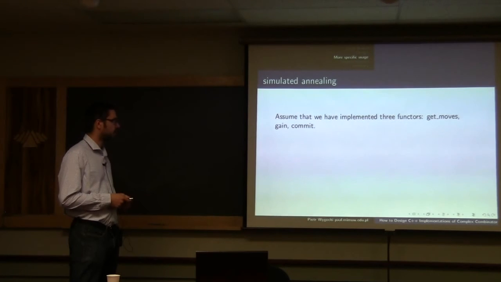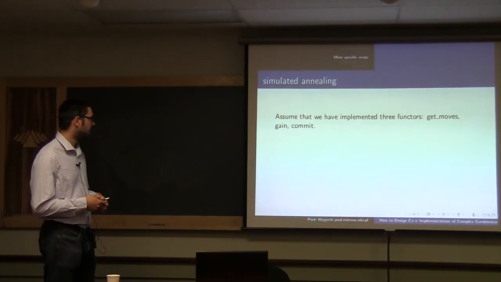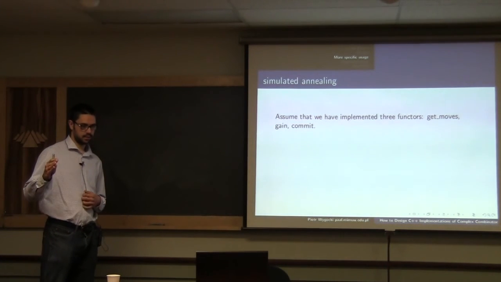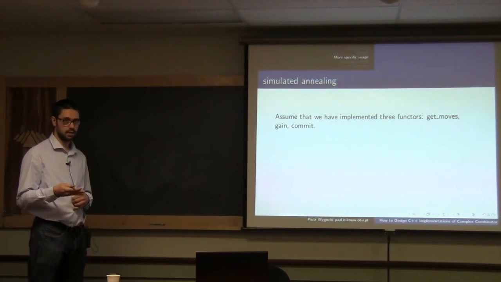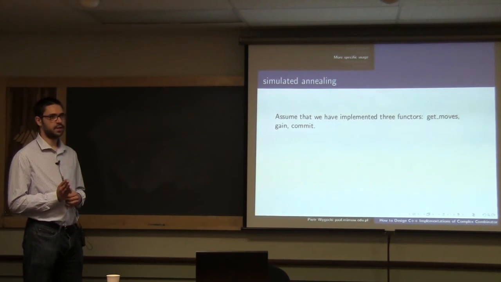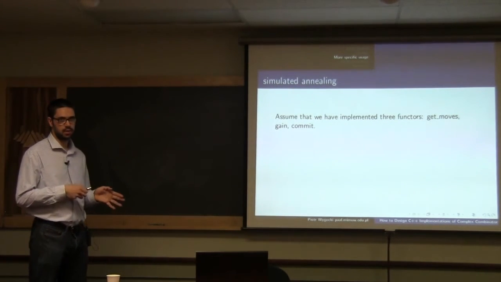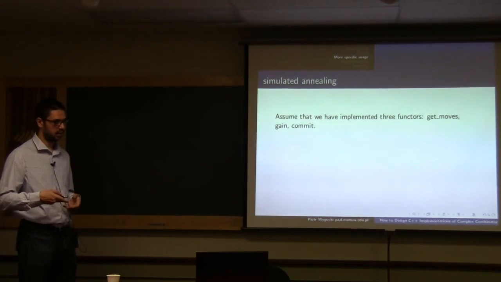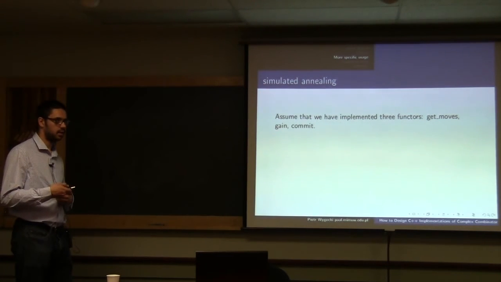The second factor is a global factor called temperature. When the temperature is high, the non-improving moves have a bigger chance of being accepted. If the temperature tends to infinity, simulated annealing works more or less like random walk, because all of the moves are accepted. If the temperature tends to 0, it works more or less like hill climbing.